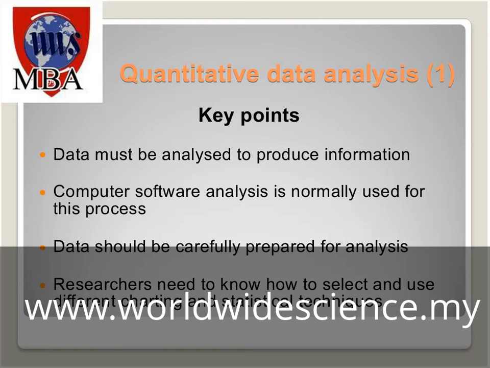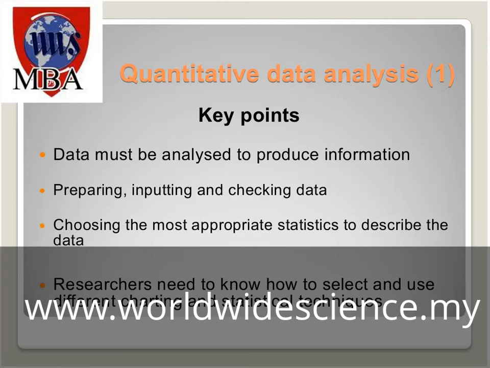Computer software analysis is normally used for this process. Of course, we should use software to analyze. Data should be carefully prepared for analysis. That is very important. And researchers need to know how to select and use different charting and statistical techniques. You should know which technique is more suitable for you.